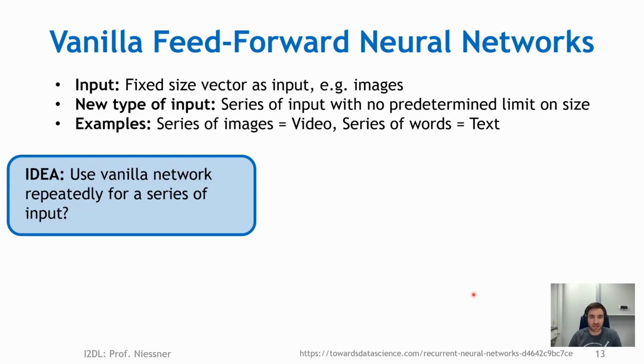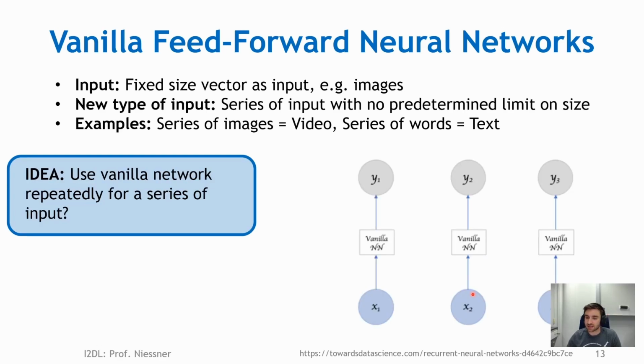Examples of these types of data could be a series of images, which will lead to videos, or also a series of words, and this we can consider as text. One straightforward approach to tackle a series of input points would be to use a straightforward neural network and just apply it on every single item in our sequence.